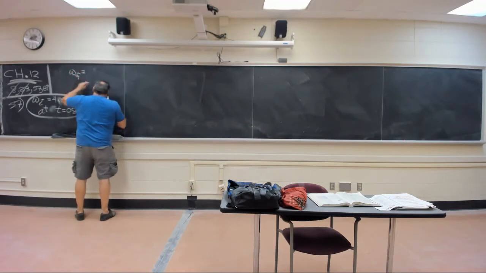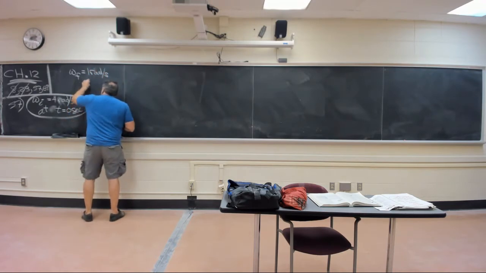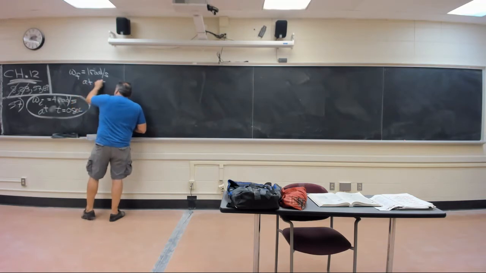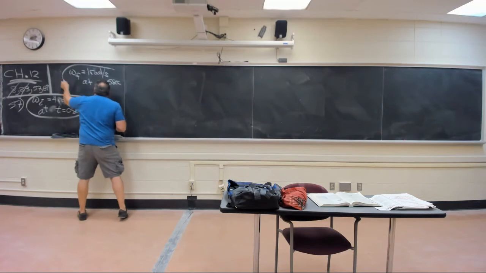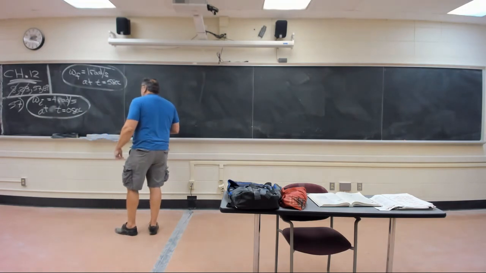Omega sub f equals 1 radian per second at t equals 5 seconds. You can write seconds as SEC or just S, whatever. Interchangeable, I guess, just let's make sure we know what we're doing, guys.